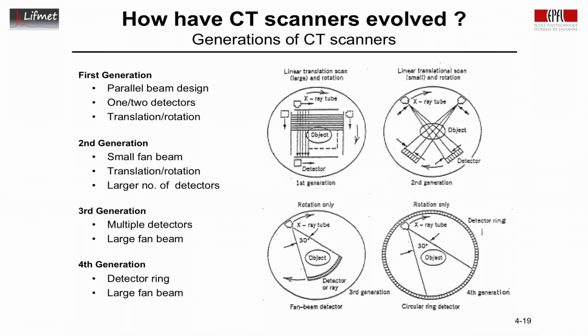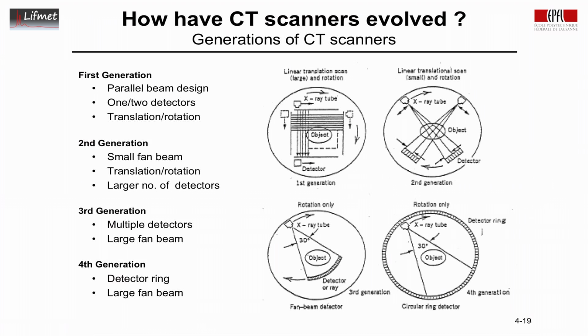So to summarize, I've given you the basic principle of CT image reconstruction, some real-life considerations, and if we look over the decades, this is over 4 decades of scanner development, we have seen quite a number of generations of scanners develop.